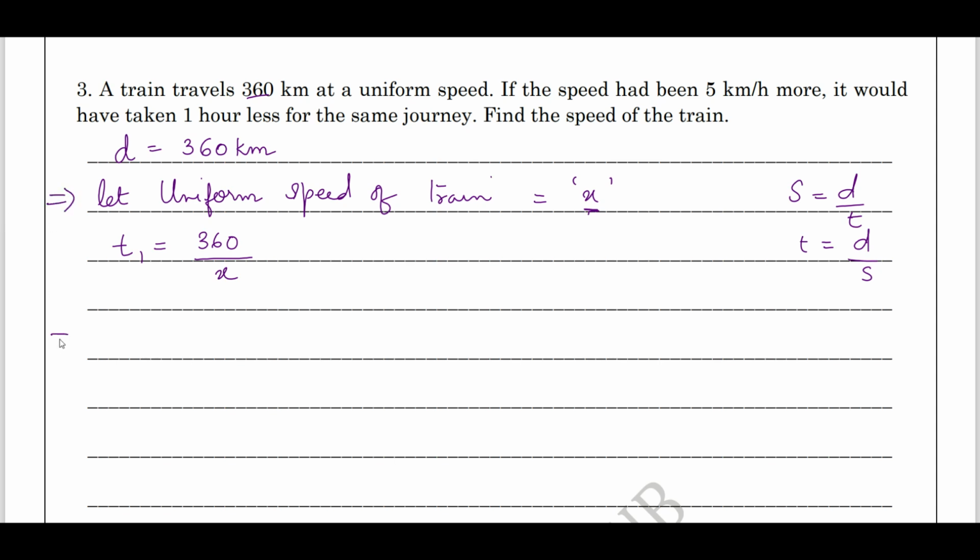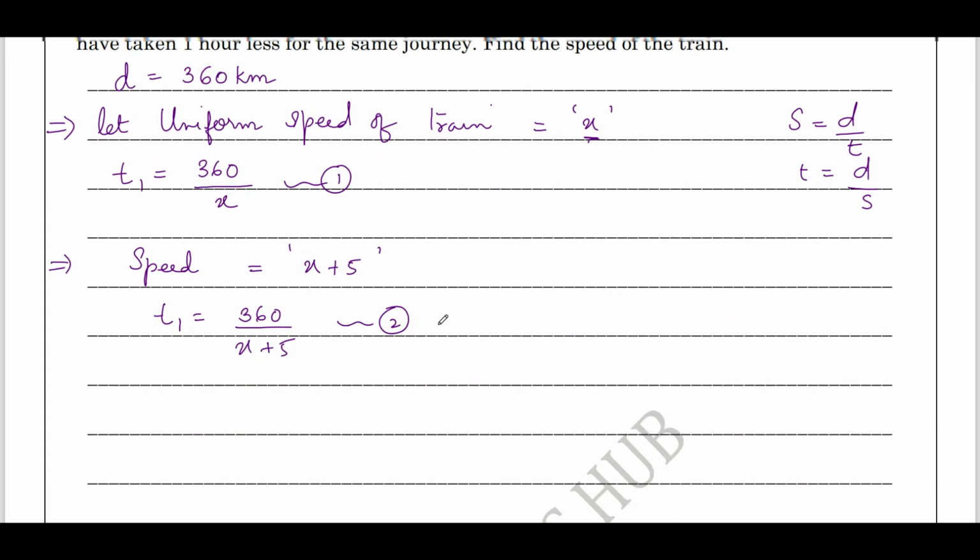Now, the second condition: if the speed had increased by 5 kilometers per hour, that is, now the speed is increased to x plus 5. Now, the time taken will be what? The distance will be the same, that is 360 by the speed, which is x plus 5. This is equation 2. Now, what is the difference in time?